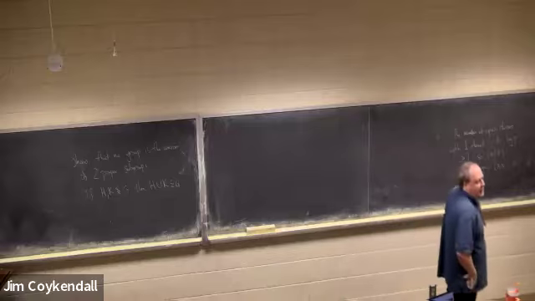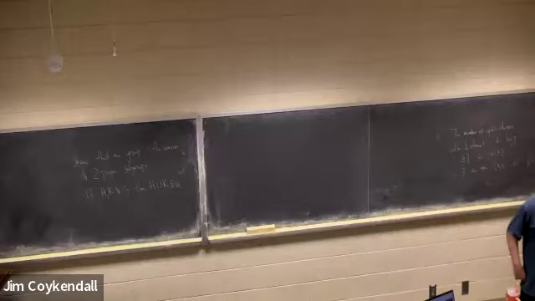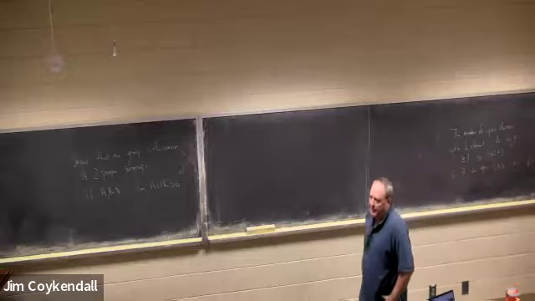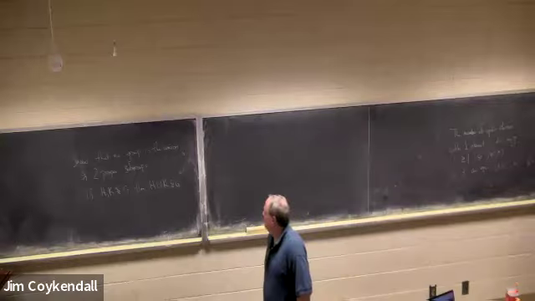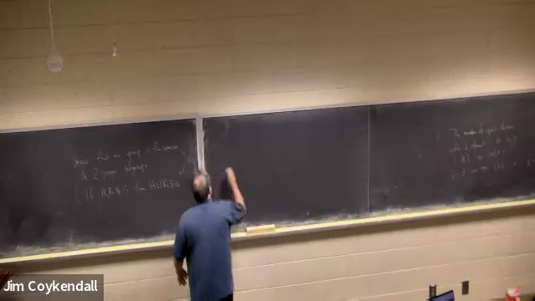H union K is going to be a subgroup only if K contains H or H contains K. Wait, why is that never? Well, let's find that. I wouldn't say never.